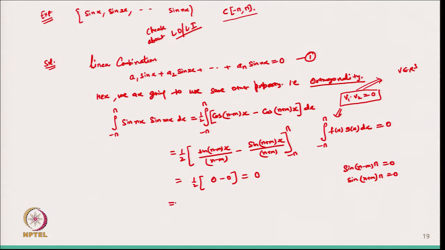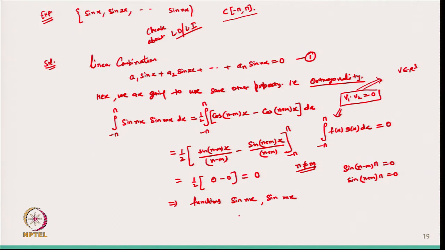So, from here we can say that the functions sin nx and sin mx, where we are considering one condition, that n is not equal to m, because when n is equal to m it is going to be a different thing: it will be sin squared nx, and then we can very easily integrate that.